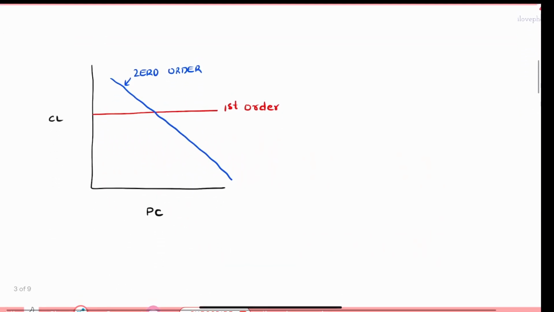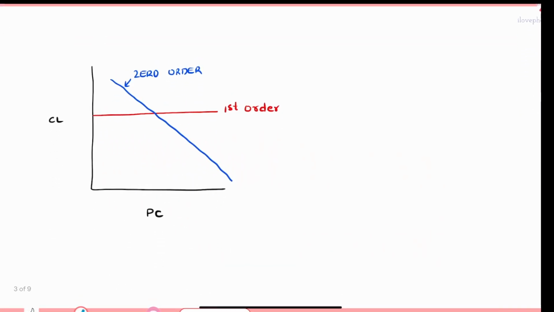So this is the graph which shows the clearance and the plasma concentration. Whenever you plot a graph of the clearance against the plasma concentration, in first order kinetic, as you know, the clearance is constant. So it is a straight line with respect to the plasma concentration. So the rate of elimination is proportional to the plasma concentration in first order.